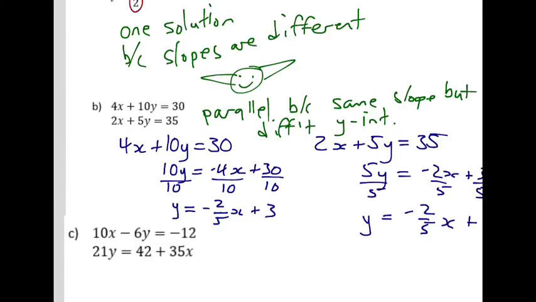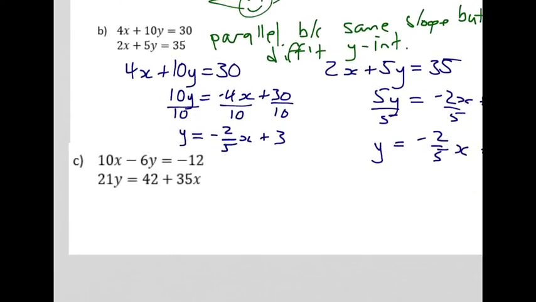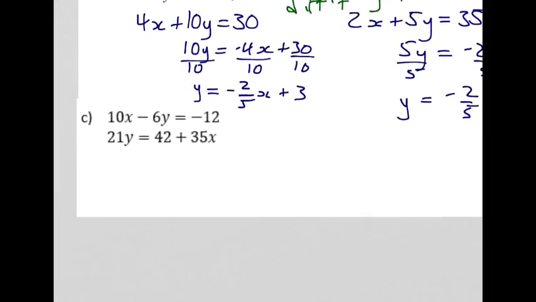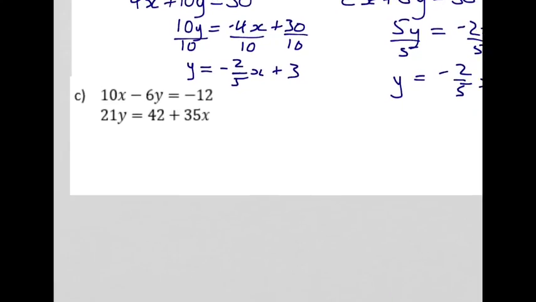Okay? The last one is probably coincident. How can we check? Well, can you tell me about the slopes and the y-intercepts? What do you have to do? We got to put it in slope-intercept form, right? So let's do that.